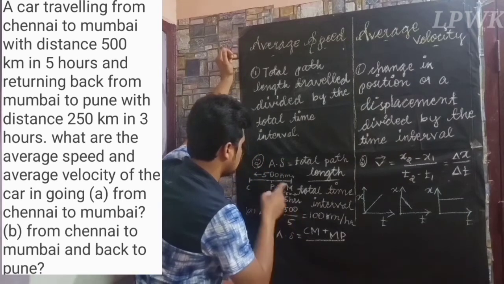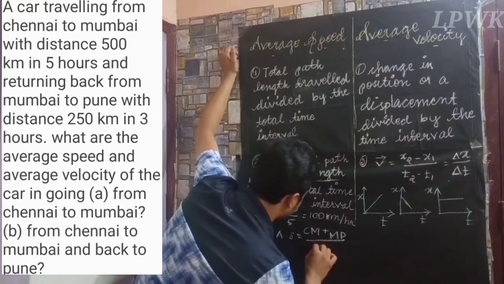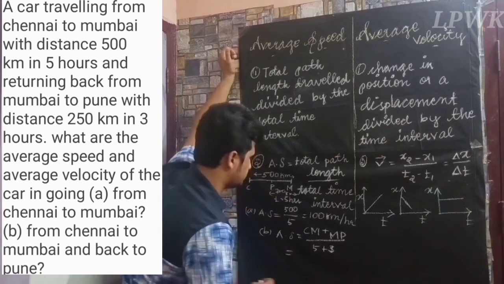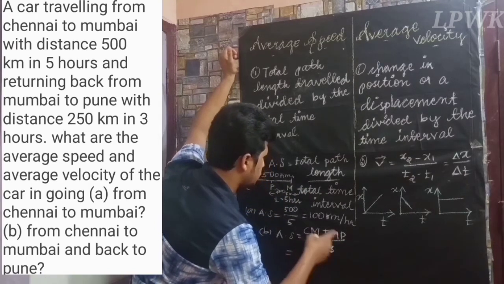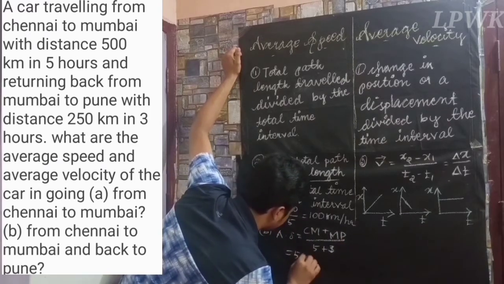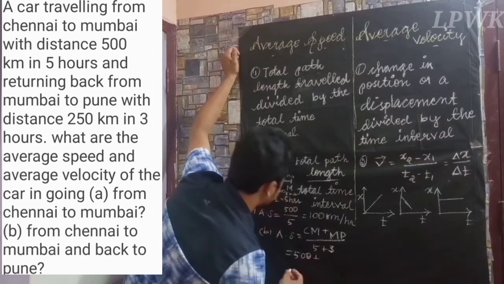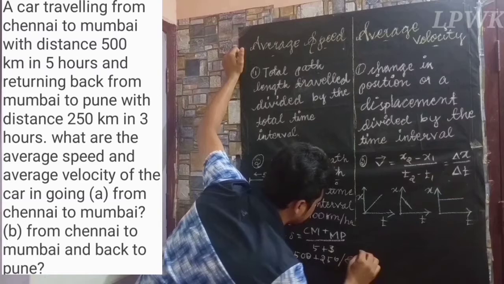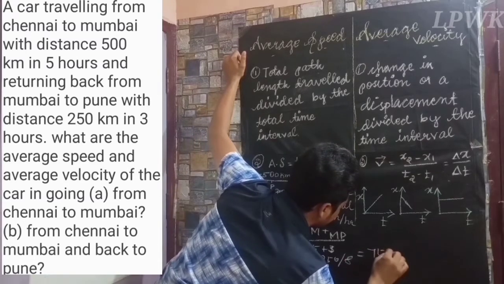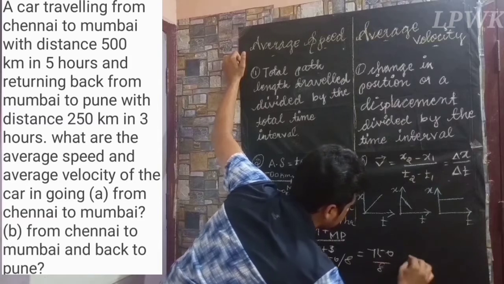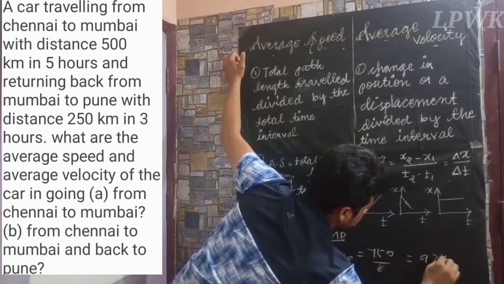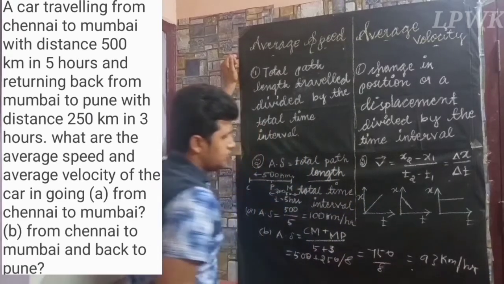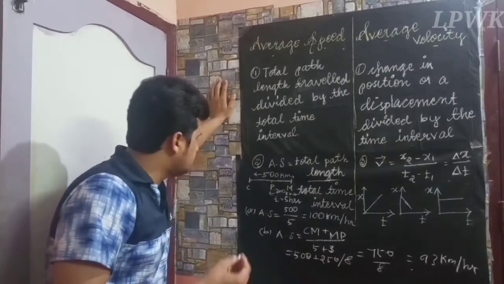The time for Mumbai to Pune is 3 hours, so 5 plus 3. Chennai to Mumbai to Pune, 500 plus 250 by 8, then 750 by 8 is equal to 93 kilometer per hour. So we have found the option B answer.